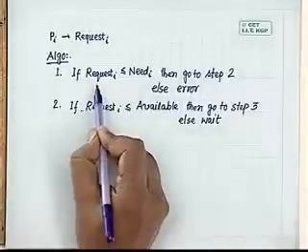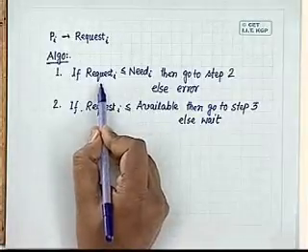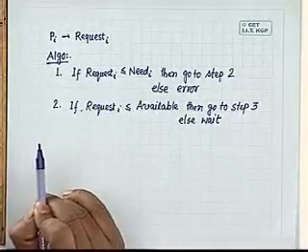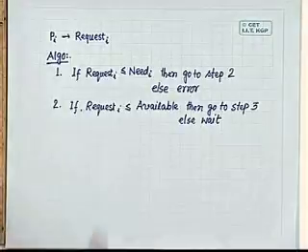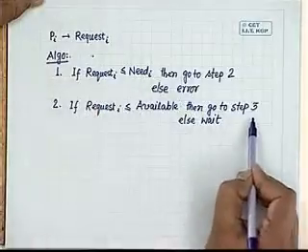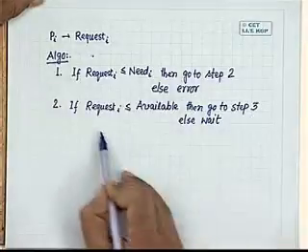We have said request I because it is the request vector put by the ith process. But available gives you the overall number of available resources at a particular instant of time. So that is a vector, it's not a matrix. Okay. So if request I is less than or equal to available, then we proceed further, else the process has to wait.